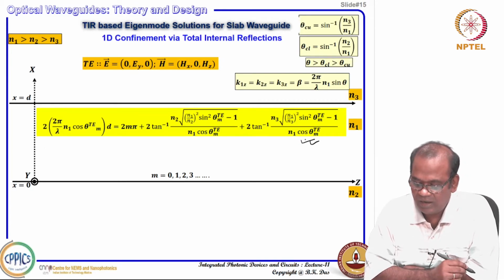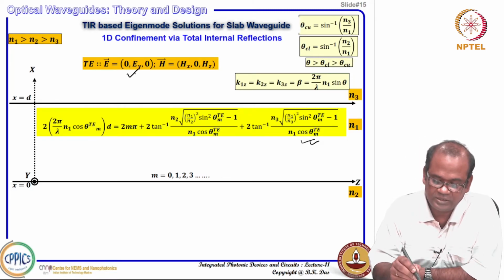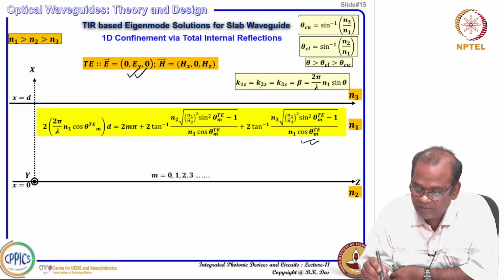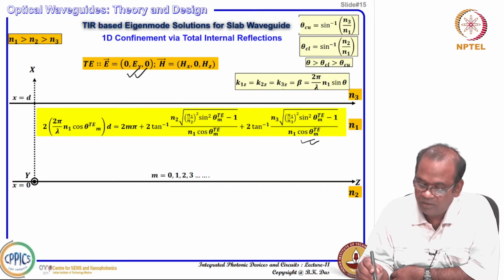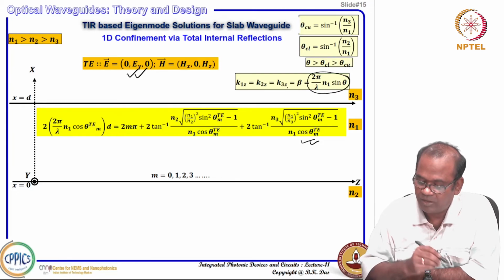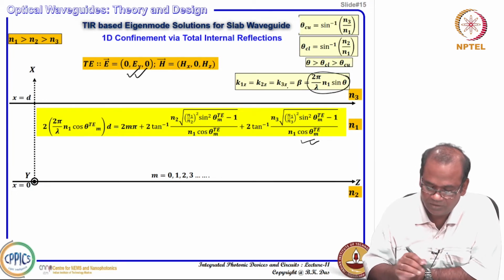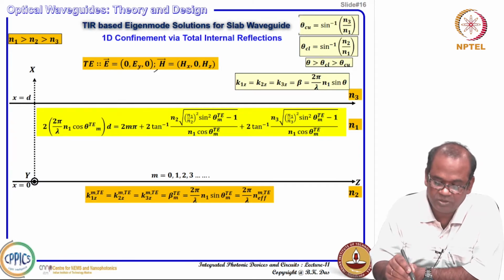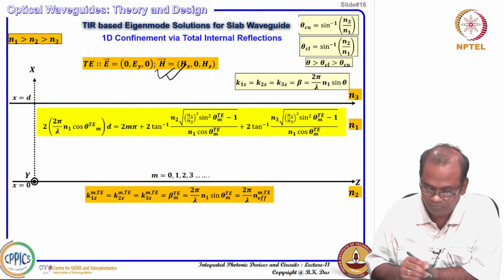This is the Eigenmode solution for TE polarization, and I have written that K1z, K2z, K3z even for TE polarization will be equal to this one, the beta propagation constant, right. Next, you see K1z m for TE polarization, K2z m for TE polarization, that means the field components are like this, and K3z will be called beta m TE.